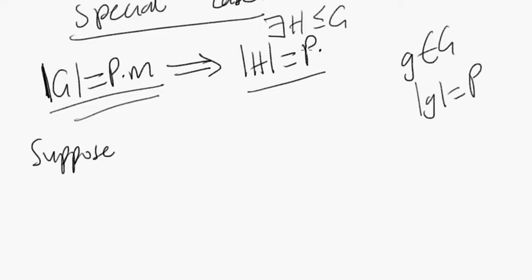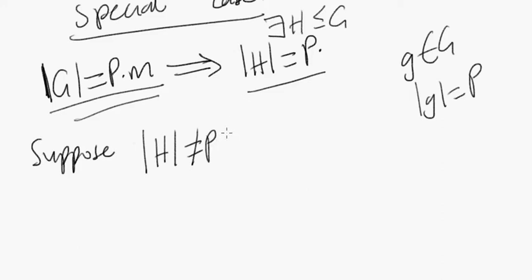So this leads us to try something different. Okay, what if we try this instead? Suppose that the order of H does not equal p. We're going to try and do the contrapositive here.